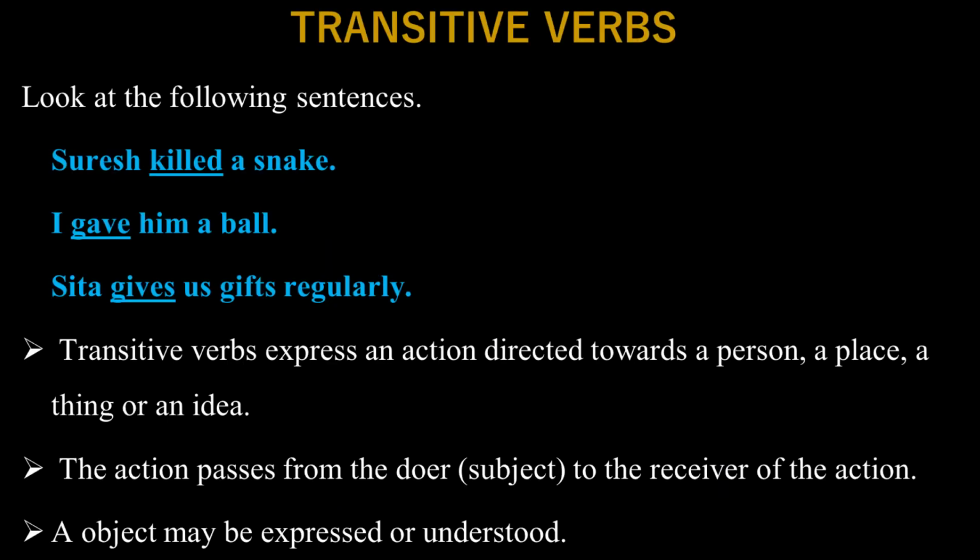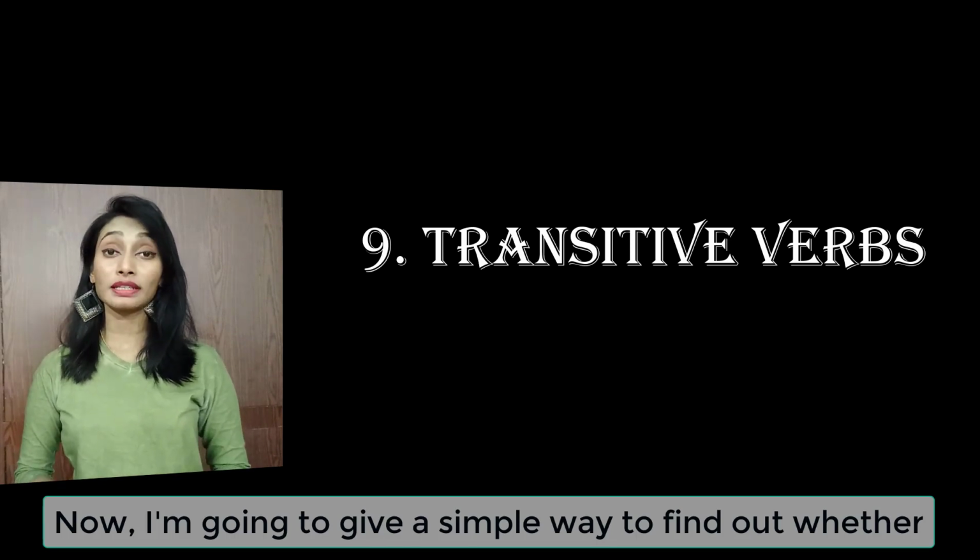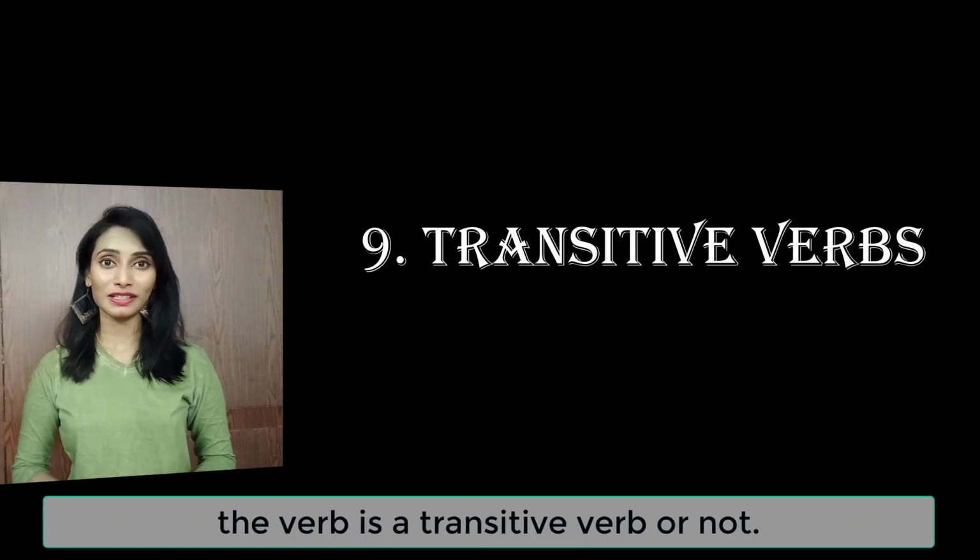Transitive verbs express an action directed towards a person, a place, a thing, or an idea. The action passes from the doer, that is subject, to the receiver of the action. Object may be expressed or understood. Now, I'm going to give a simple way to find out whether the verb is a transitive verb or not.